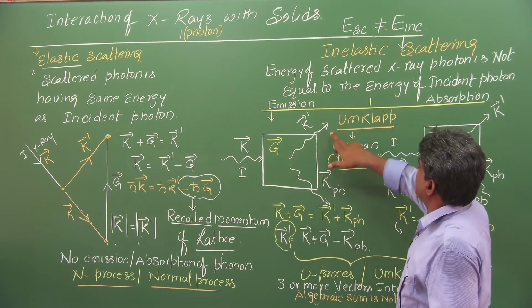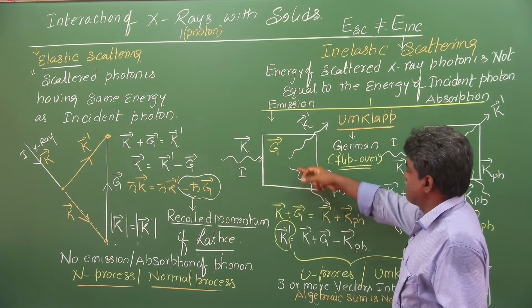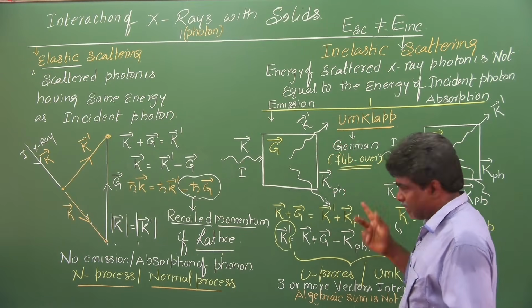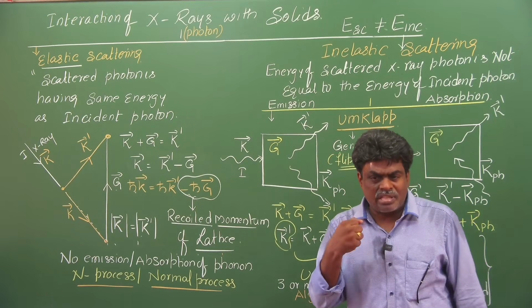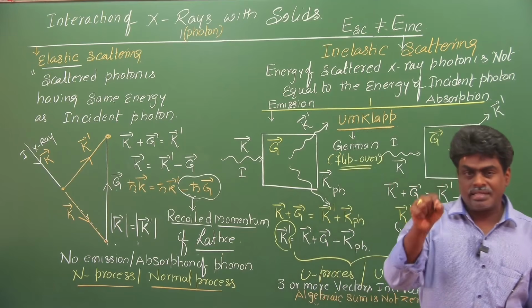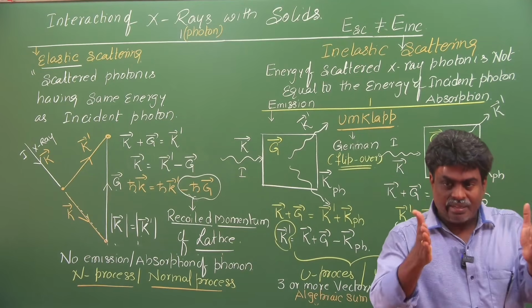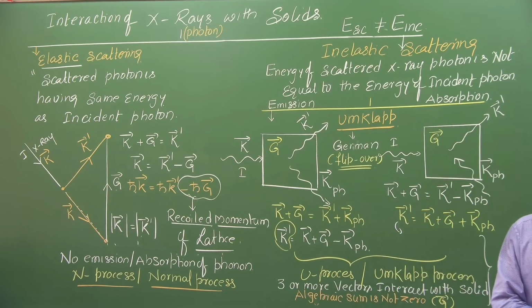So why is it getting a different energy here? Because it may be absorbing or emitting some energy. Who is giving that energy? Lattice is giving, the lattice vibrations are giving. That's why definitely there exist lattice vibrations, whose quanta is nothing but phonon.